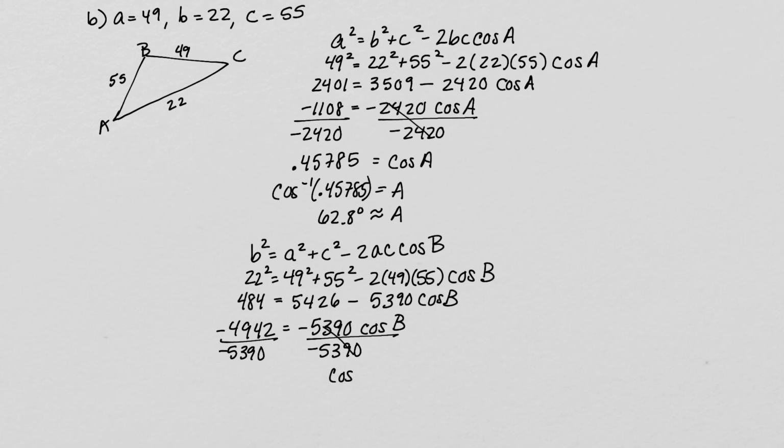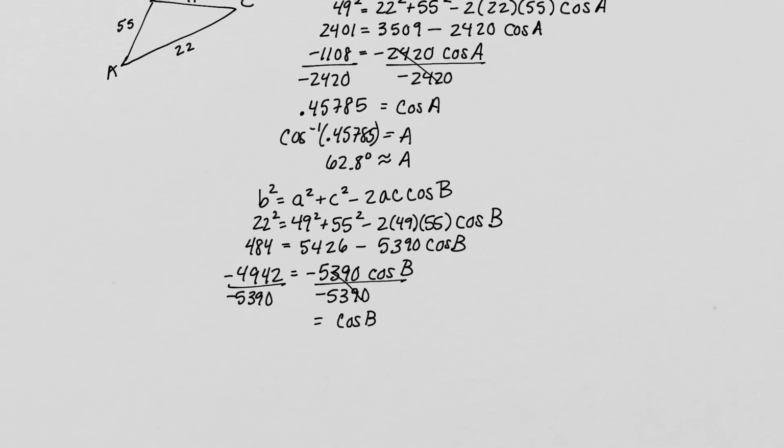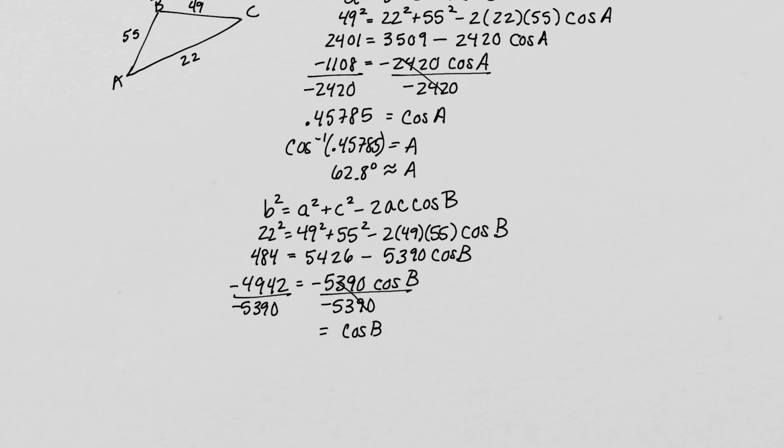So cosine of B is going to be equal to 4,942 divided by 5,390. So B is going to be equal to the inverse cosine of 4,942 divided by 5,390.